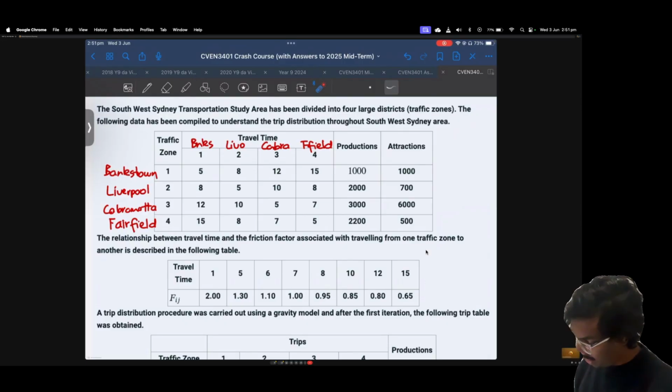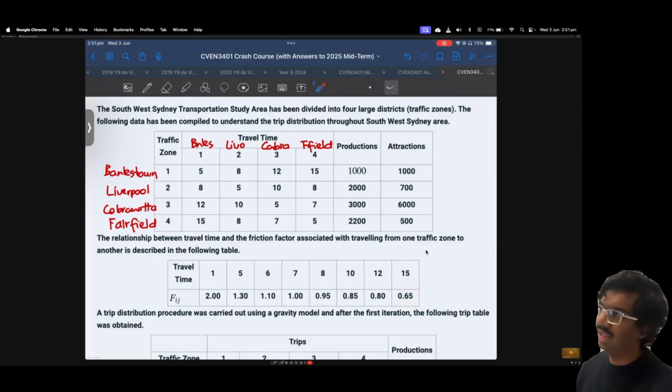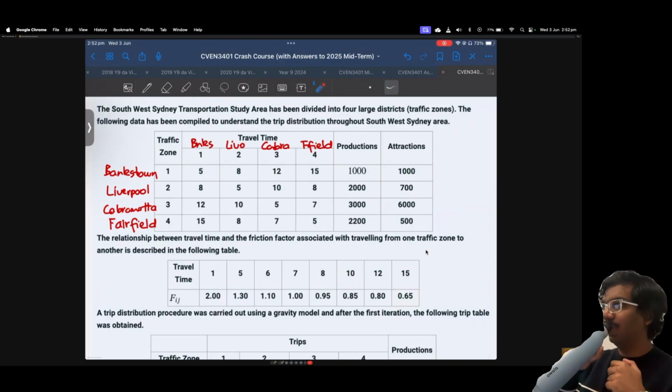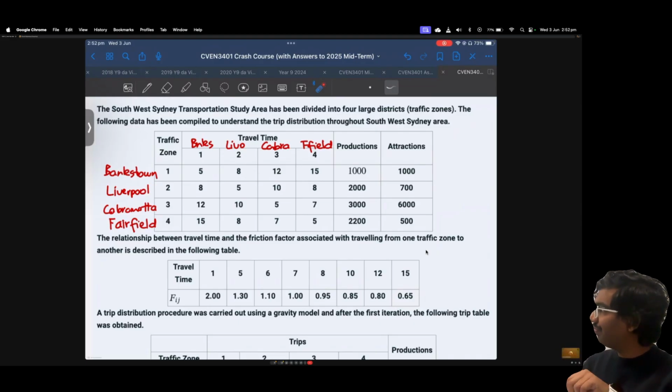You can see that the friction factor gets lower the higher the travel time is. So it's having less of an impact, which probably, it's not having less of an impact, it's having more of an impact. It'll make sense when I go through the actual equation. But it's a conversion between the travel time and, it's like a calibration, okay?